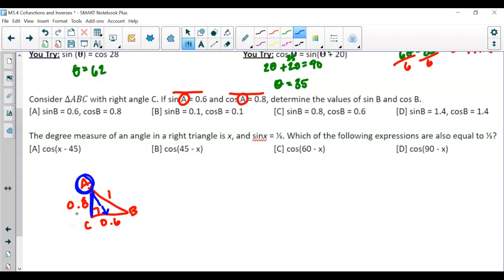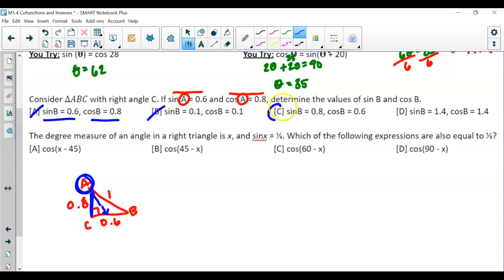So here, determine the values of sine of B and cosine of B. Notice that what you should have done is not keep them the same, right? Because now we're changing our angle here. So A is not it. Also, technically B is working with the hypotenuse, a different value.